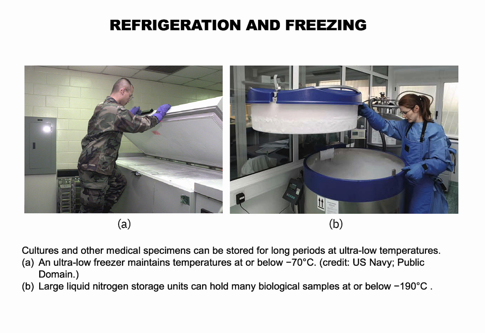For long-term storage or transport, bacterial cultures and medical specimens are often preserved at ultra-low temperatures of -70 degrees Celsius or lower. Such low temperatures can be achieved by using dry ice in ultra-low freezers or through special liquid nitrogen tanks that maintain temperatures below -196 degrees Celsius, as illustrated in the accompanying slide figure. This method ensures the viability and safety of sensitive biological materials through storage and transport.